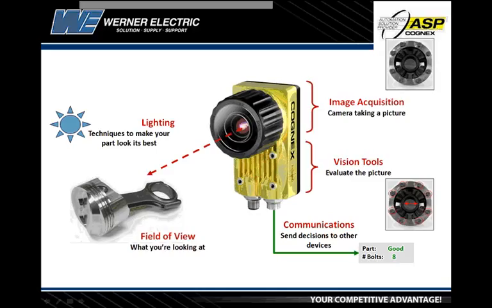Well, I shouldn't say no bugs, but very few relative to an open operating system like Microsoft Windows or an Apple product. So here's another representation of that same system with the optics on the left, lighting up some part.